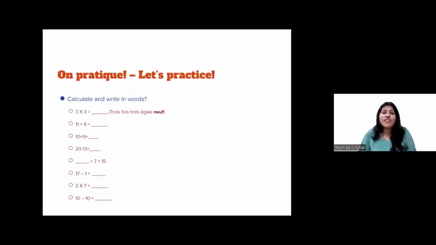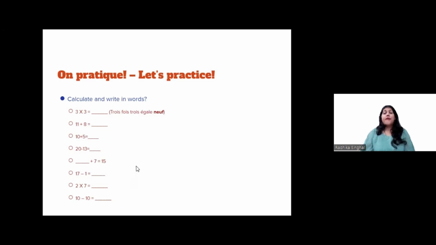Not just the answers, but the entire equation. Like the first one I've done for you. 3 multiplied by 3 equals 9. We say that in English, right? How do we say that in French? 3 fois 3 égale 9.